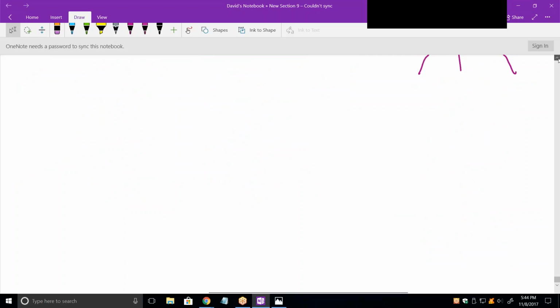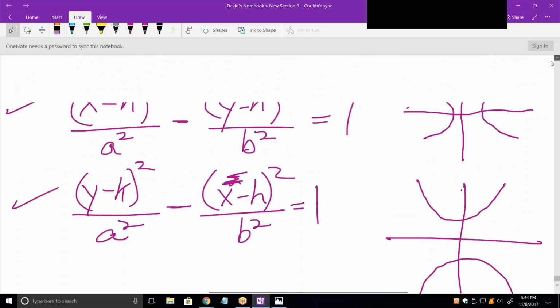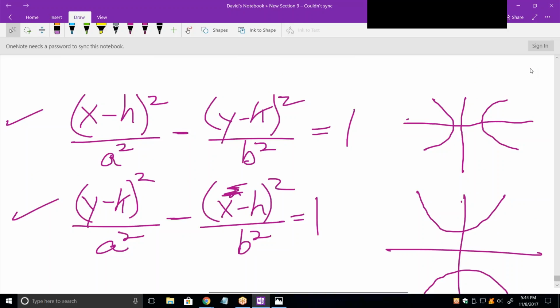Well, let's go back a second. Look at those graphs. A is always measured along the major transverse axis. That is the major axis, the axis that goes through the center and both vertexes. This one only has a vertex here and a vertex there. Okay?